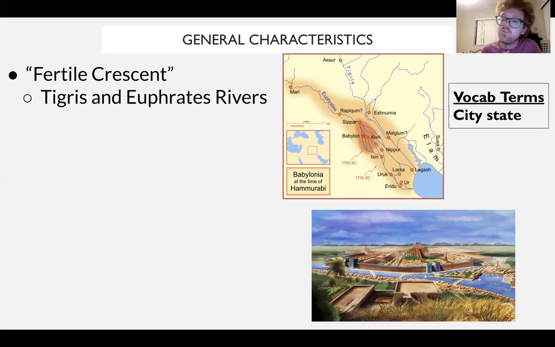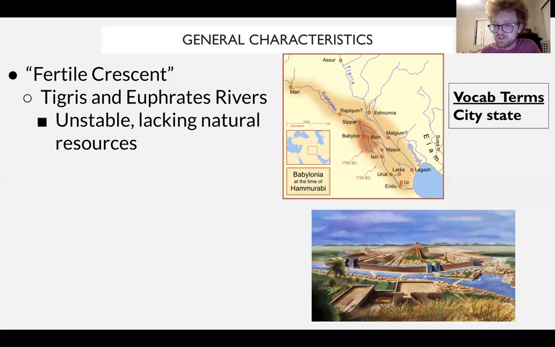These are two very important rivers in that they create an extremely fertile floodplain in which you can regularly and consistently grow stuff. However, the Tigris and Euphrates, other than being very fertile areas, are extremely unstable.